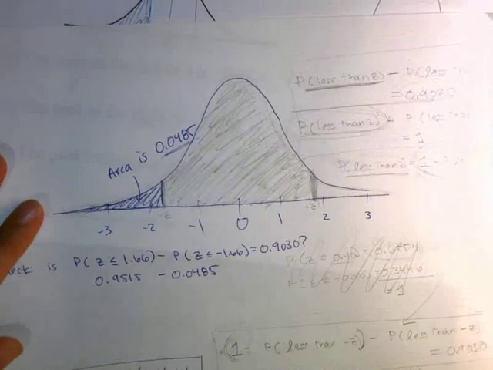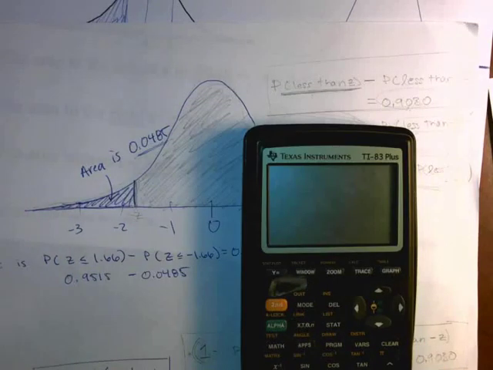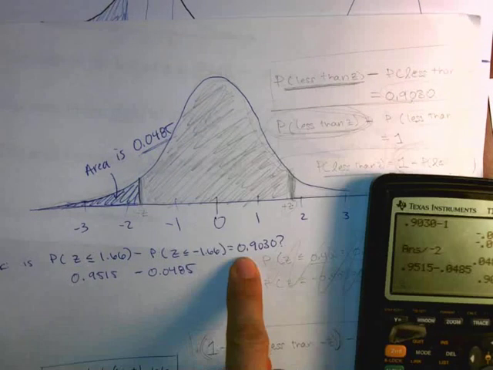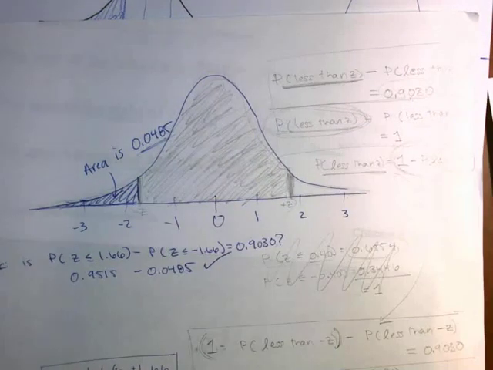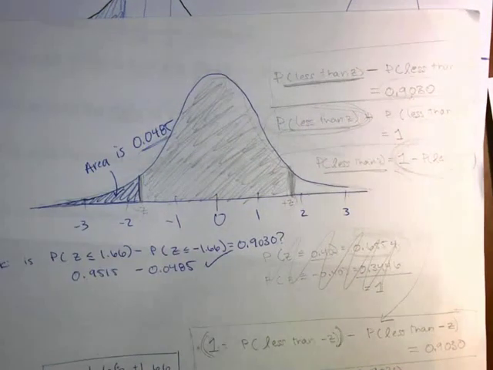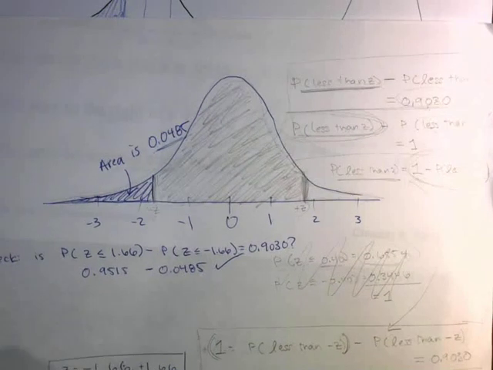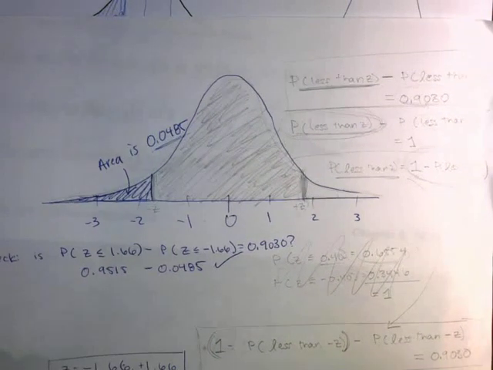Negative 1.66 is 0.0485. Do 0.9515 minus 0.0485, and I got 0.903, just like what I wanted, 0.903.